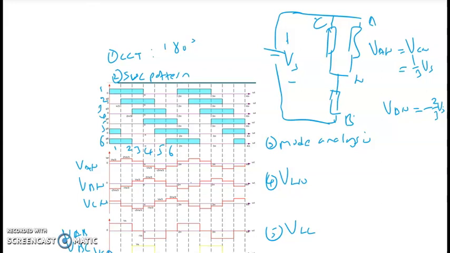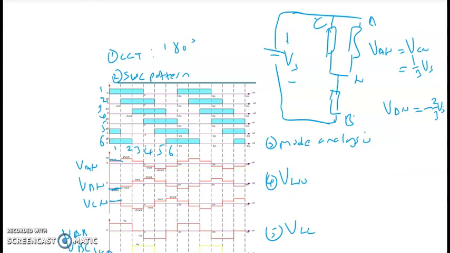From these values we transfer into the graph. VAN and VCN are the same, positive 1/3 of the source voltage, while VBN is negative 2/3 of the source voltage.